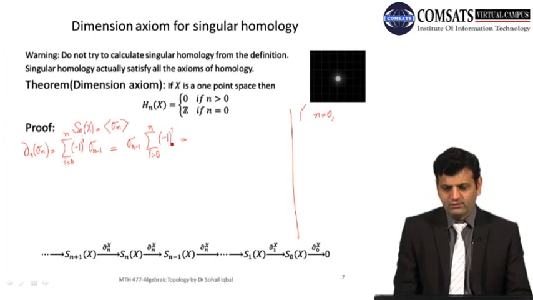If I have n equal to 1, then I am adding 1 minus 1, because minus 1 to the power 1 is minus 1, and so I will get 1 minus 1. So this is the case when n is equal to 1. Now let's see the case when n is equal to 2. So 1 minus 1 plus 1, so basically I am going to get 1. So this is the case when n is equal to 2.